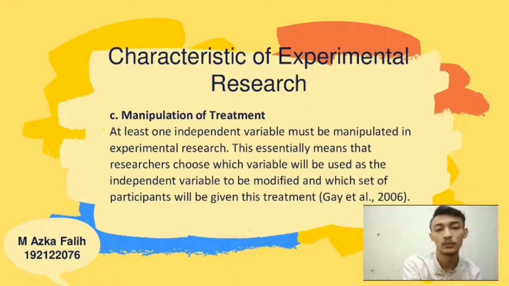Treatment is another word for the experimental manipulation of the independent variable. The different treatment conditions administered to the subjects in the experiment are the levels of the independent variable.